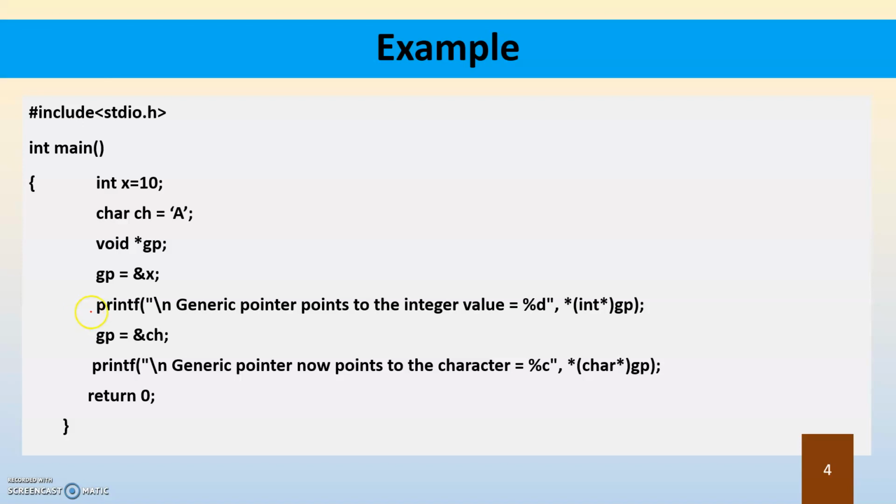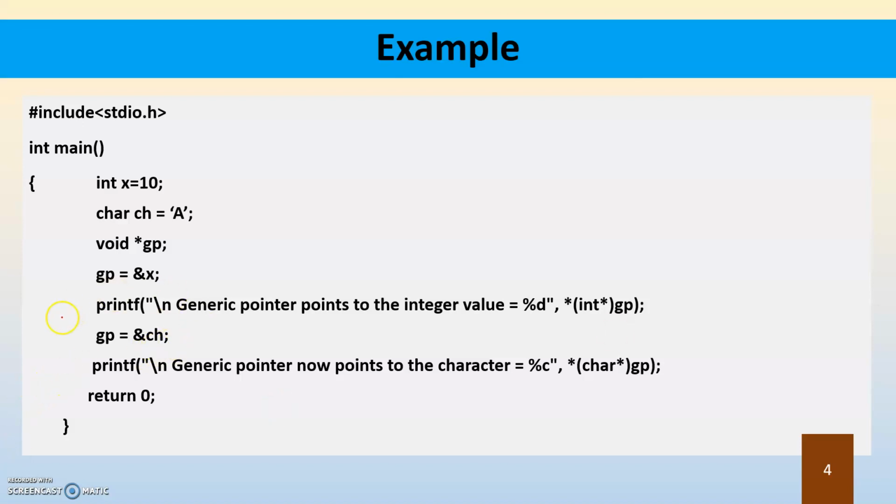Now we print the value of the pointer here using the generic format. First we write the printf statement, and then the format specifier %d for the integer. Then we use the generic pointer format, *(int *)gp, which means star, then in brackets the data type, star, gp.